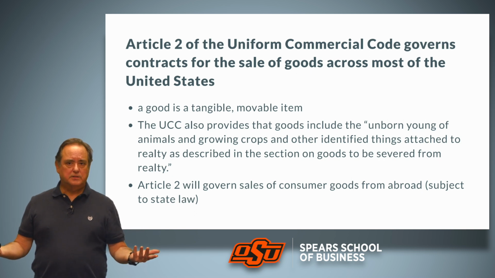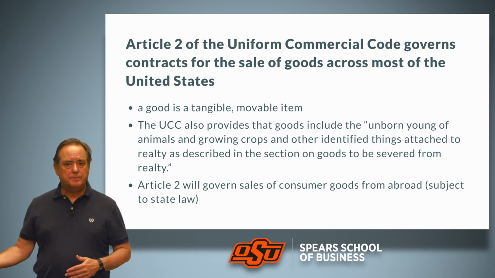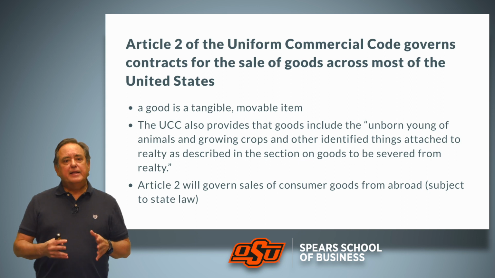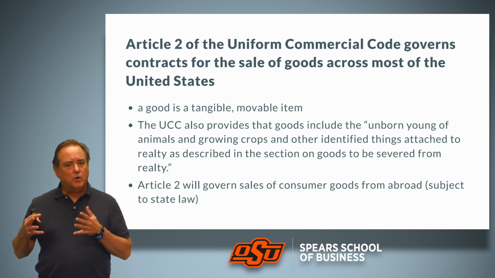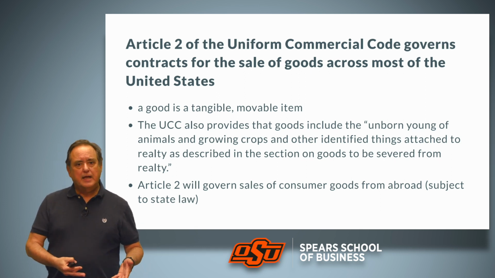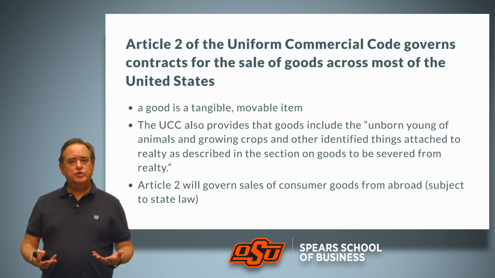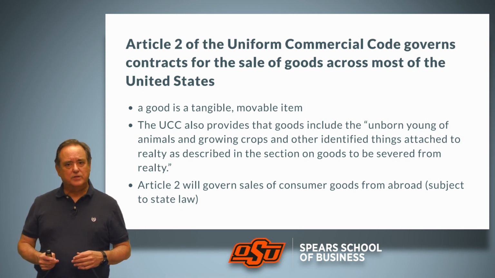A desk is a good. Groceries are goods. Goods can even include animals that aren't born yet, or growing crops. Anything that is tangible, meaning I can reach out and touch it, or movable, I can pick it up and take it from one place to another. And Article 2 of the Uniform Commercial Code governs contracts for the sale of goods.